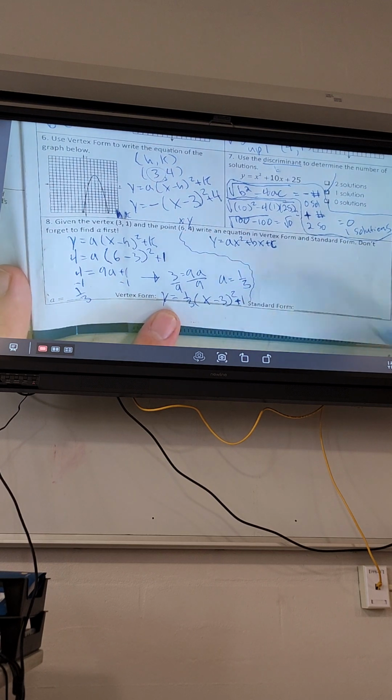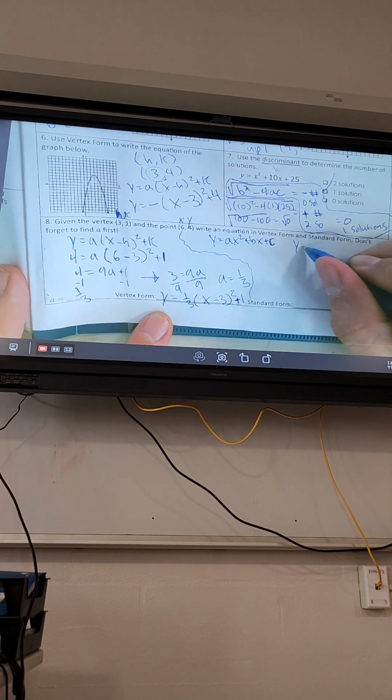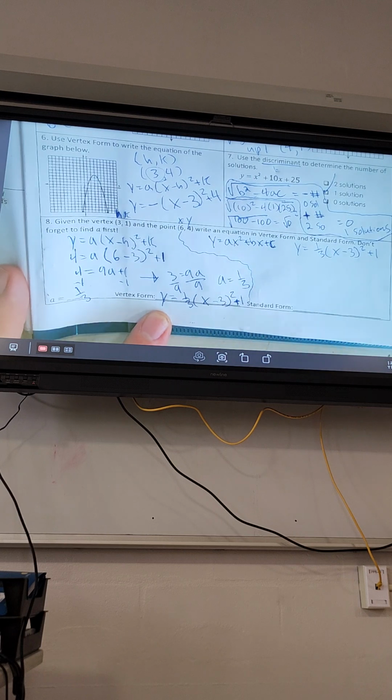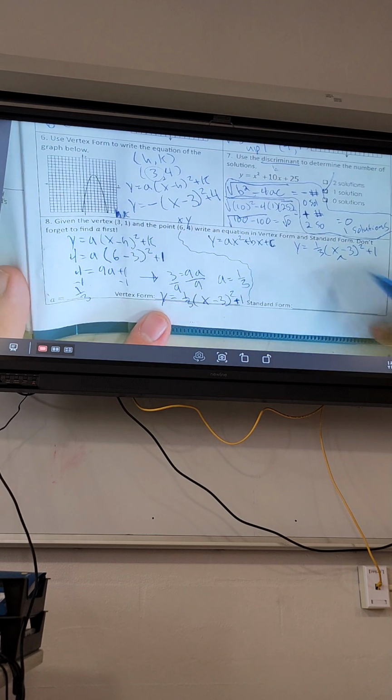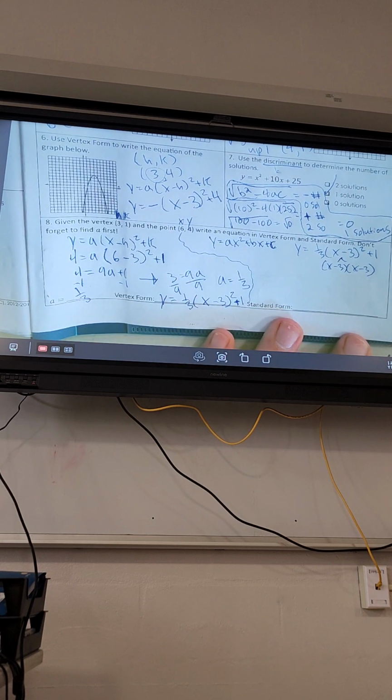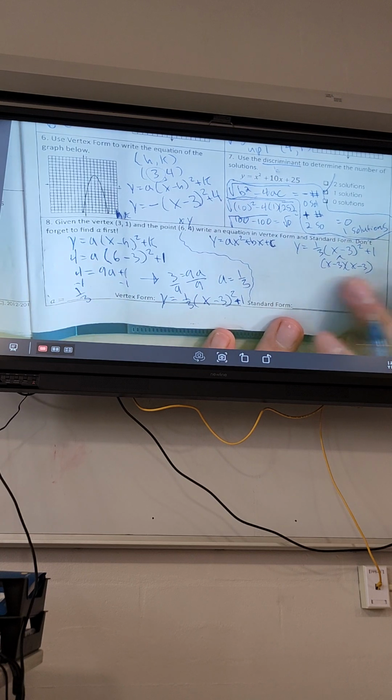But I'll work it out for you to show you that it actually becomes that. It's kind of working backwards from completing the square if you don't remember. So that means this is (x minus 3) times (x minus 3).